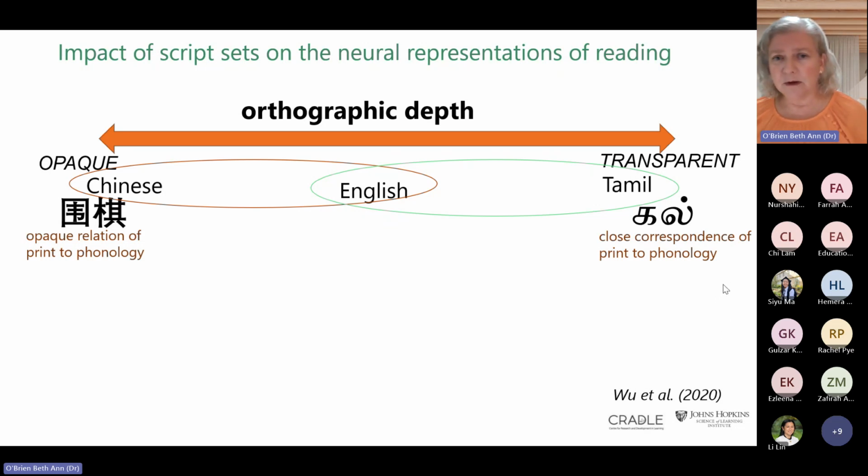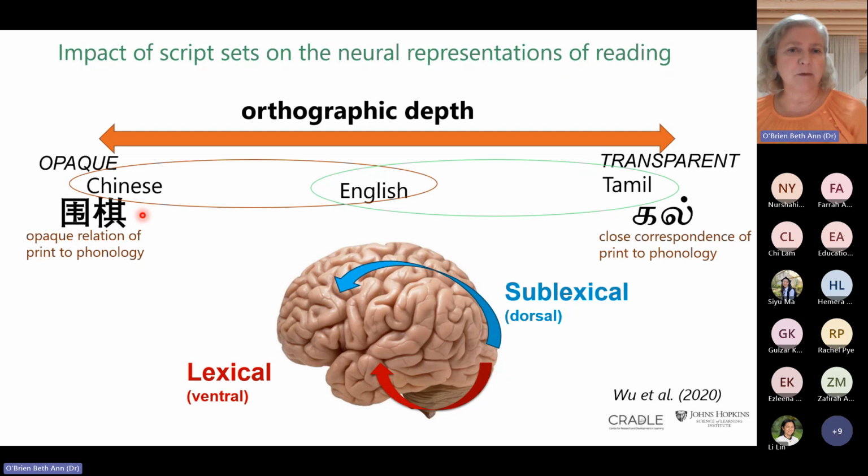So when we had these participants, we had them go through brain scans and did some functional MRI with them while they were reading words. I'll show you the method in a second, but basically we wanted to see firstly whether these bilinguals who read the different scripts of different orthographic depth would recruit differential functional representation for reading in their two scripts. So in other words, when they're reading, for example, in Chinese, would they use more of a lexical pathway?